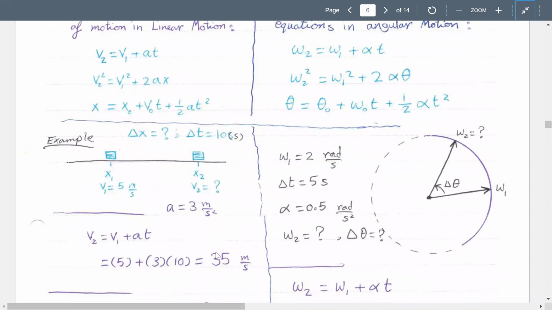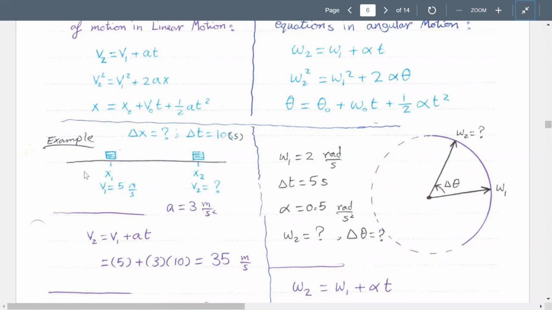We have the equations of motion: V2 equals V1 plus AT, V2 squared equals V1 squared plus 2AX, and we have the X equation. We know these equations.